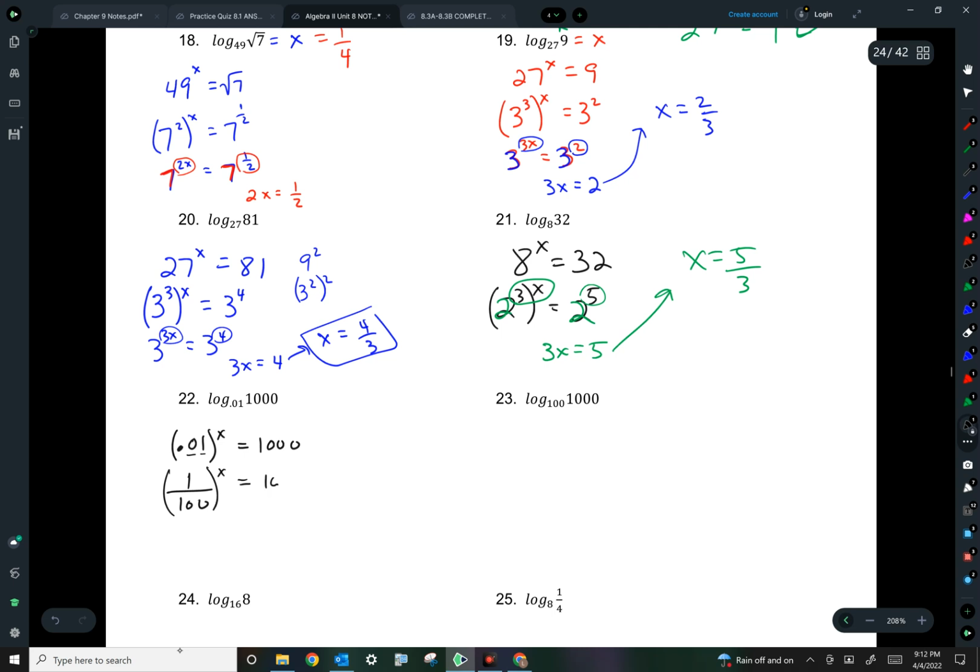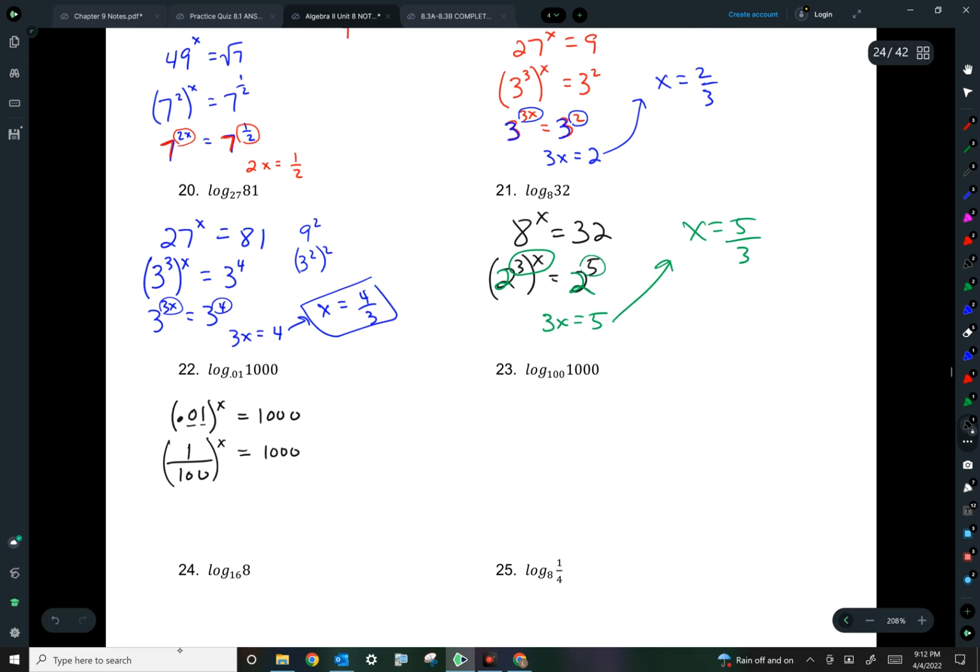equals 1,000. Okay, 100 and 1,000, aren't those both bases of 10? So couldn't I think of 1 over 100 as 1 over 10 squared, right? But wouldn't that be like 10 to the negative 2, because it's in the denominator? So 1 over 100 being raised to the x. Is 1,000 a base of 10?